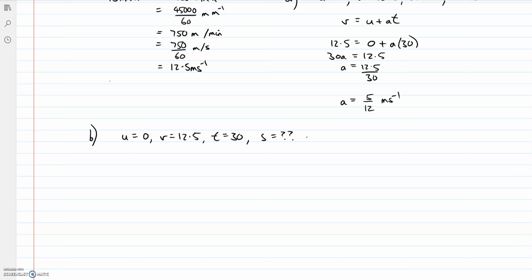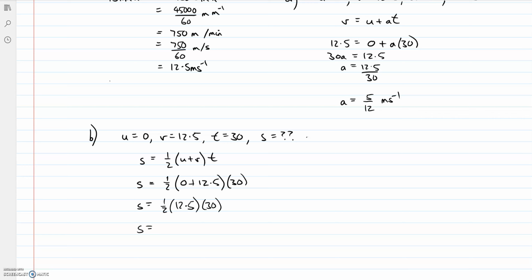But we've got a formula linking these, which is s equals a half (u plus v) t. Sub in, s is what we're trying to find, a half, u is 0, v is 12.5, t is 30. So this is a half times 12.5 times by 30. If we stick that into our calculator, we get 187.5 meters. So the distance between the traffic lights and the speed trap is 187.5.